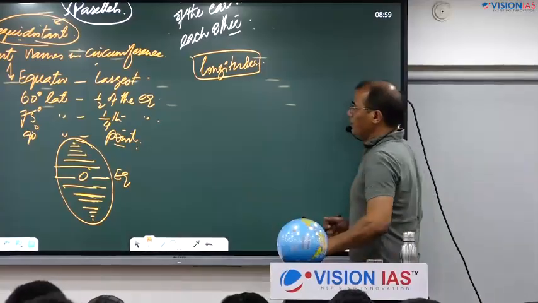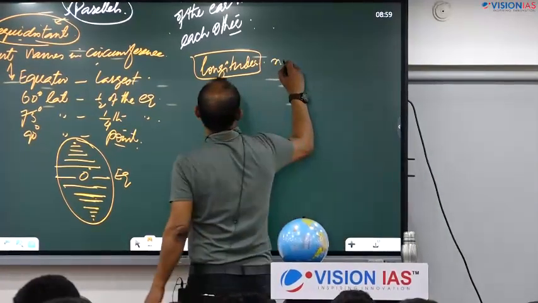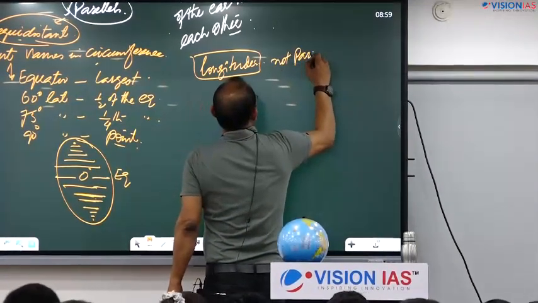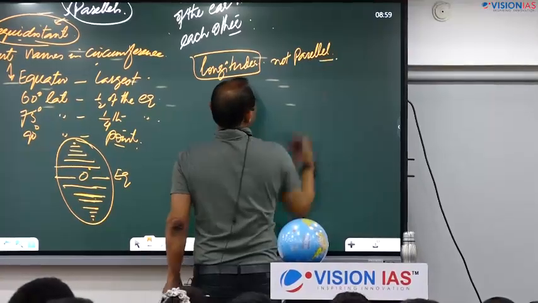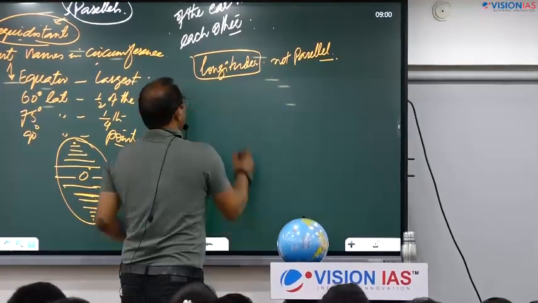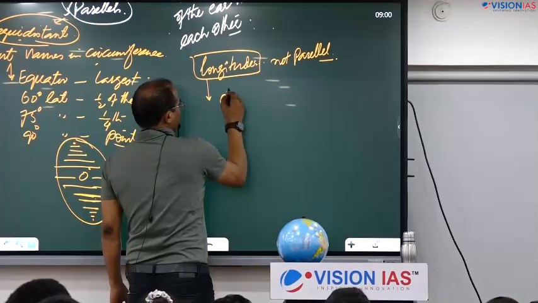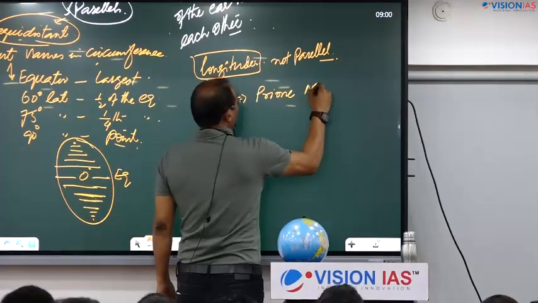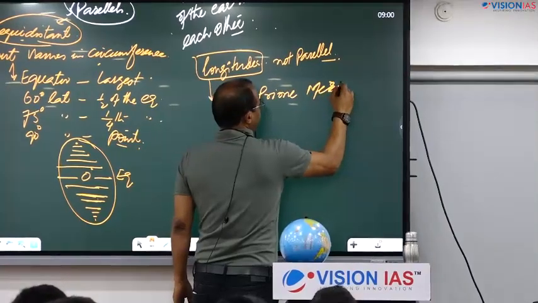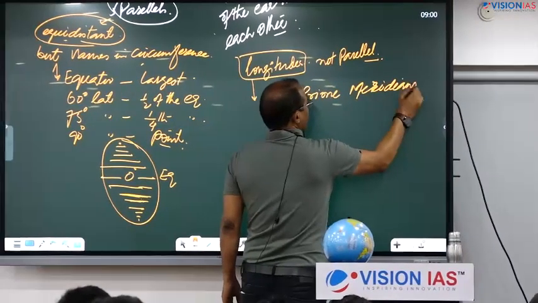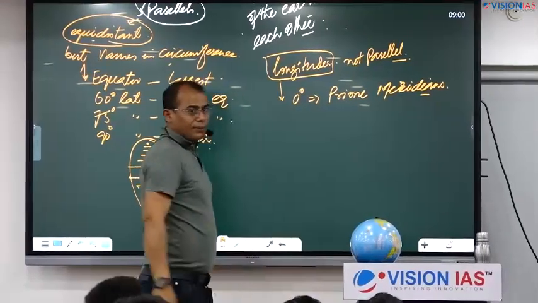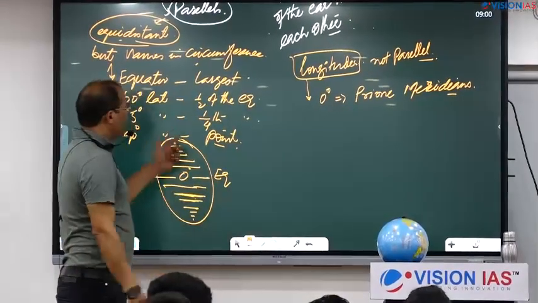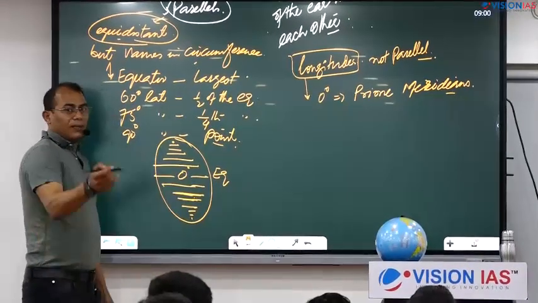The longitudes are not parallel. They are divided again from 0°, which is called the prime meridian. Longitudes are also called meridians because they are equal in length, unlike latitudes, which are not equal in length.